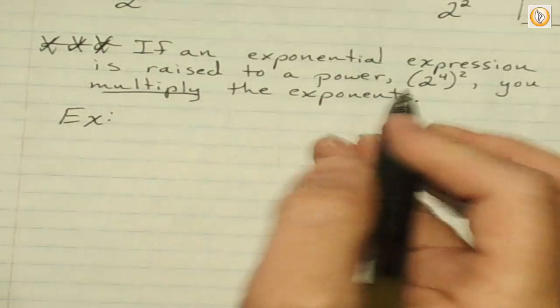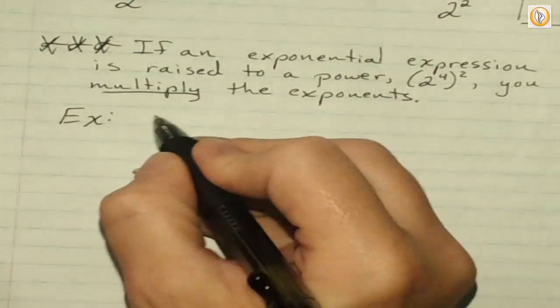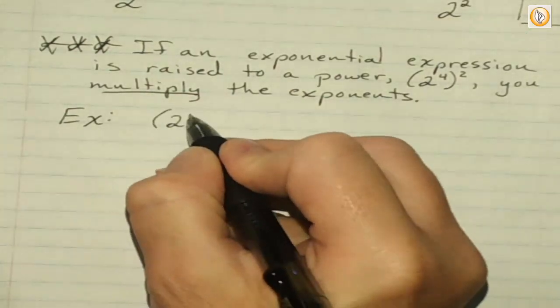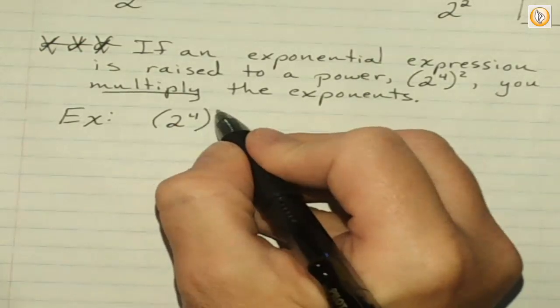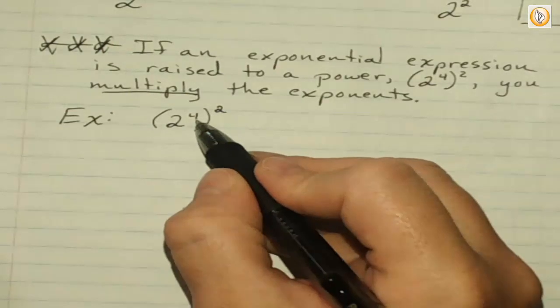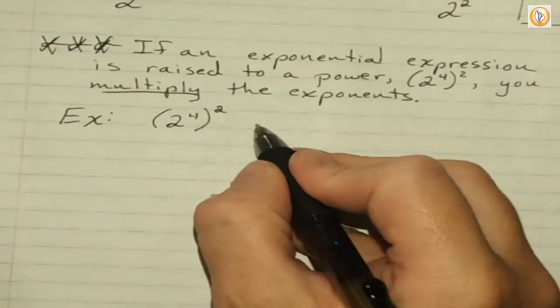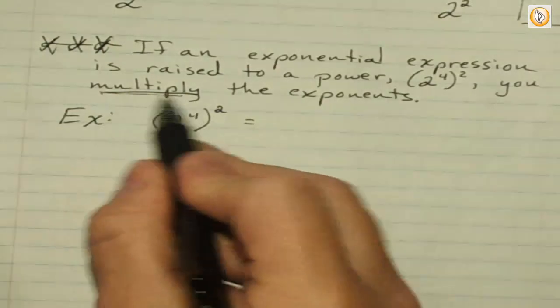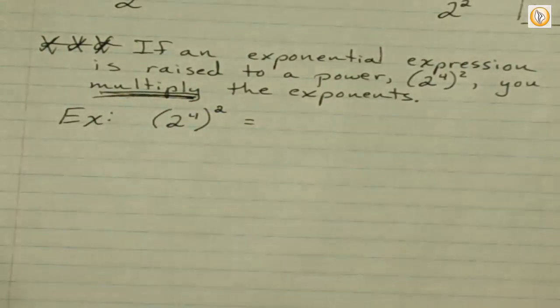Okay. Let's go back to this example I put in there. 2 to the 4th power to the 2nd power. So I have 2 exponents, one on the inside of the parentheses, one on the outside. You will multiply the exponents if this happens.